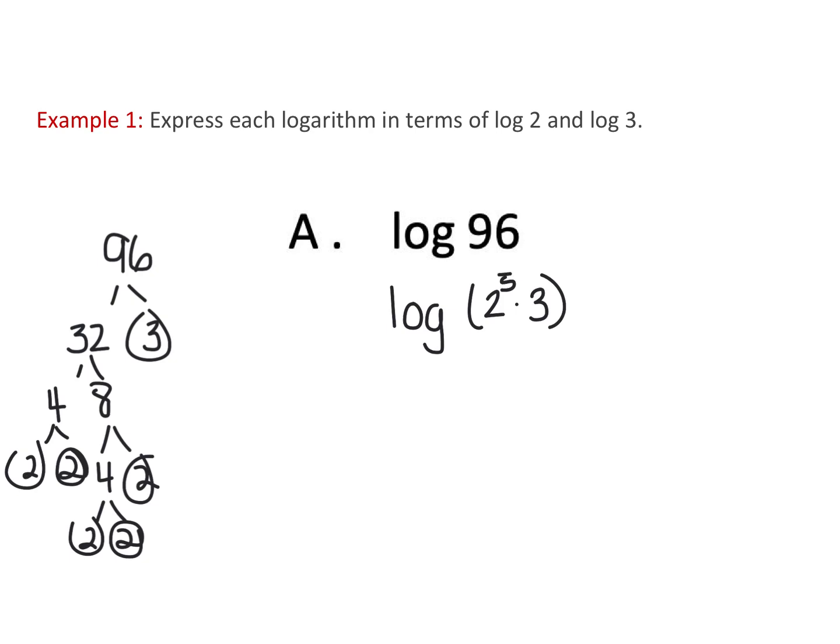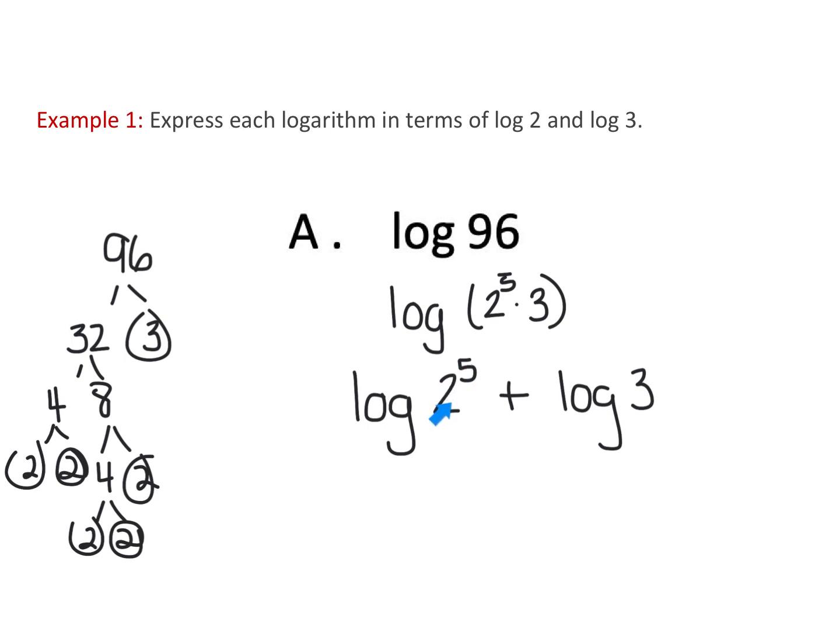So I have a product, so I know that it can be written with the same base. Well, this is the common log, which is base 10, log 2 to the 5th plus log of 3. Now I want to keep going until all my arguments are just a single value. So I want to use this 5 right here.